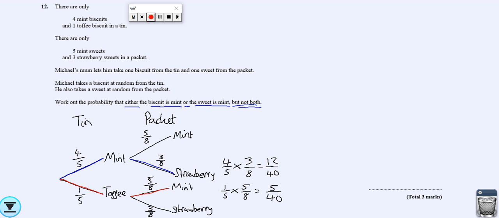If I think about the word or in probability, I'm going to add. So we could have gone this route, or we could have gone that route. So I'm going to add those two values together. 12 40ths plus 5 40ths equals 17 40ths. And that is our final answer.